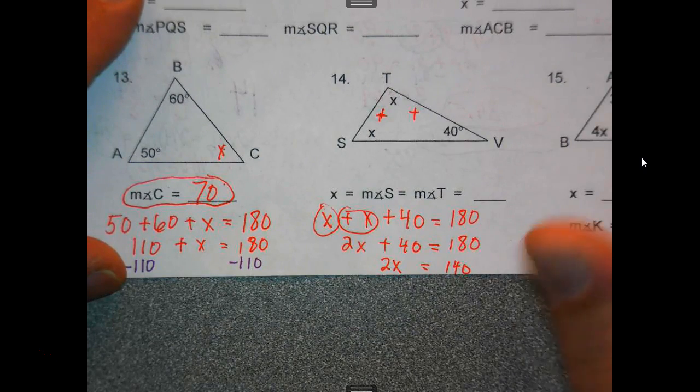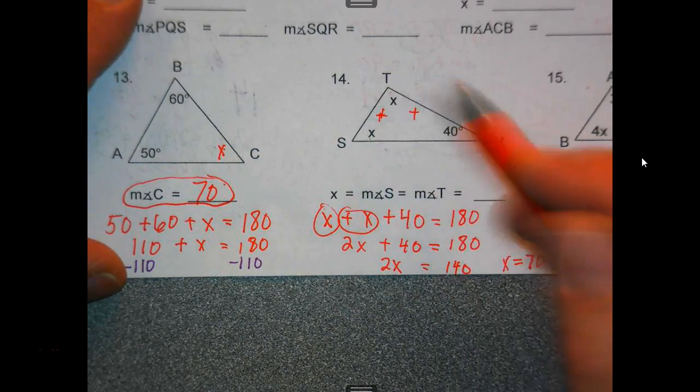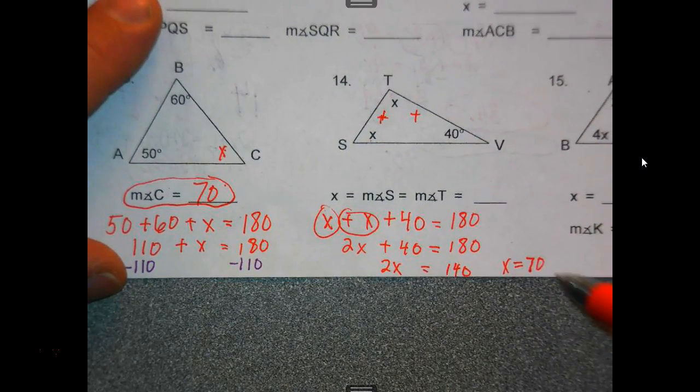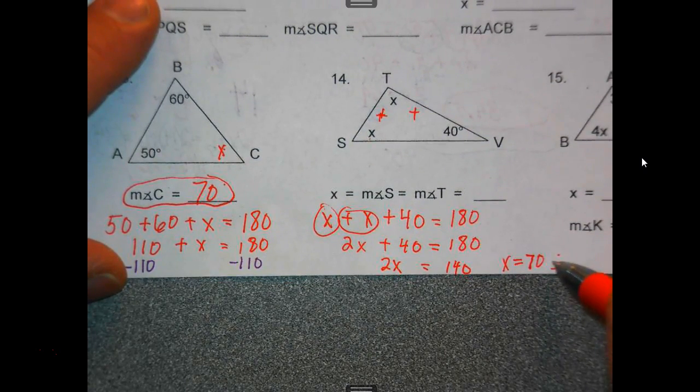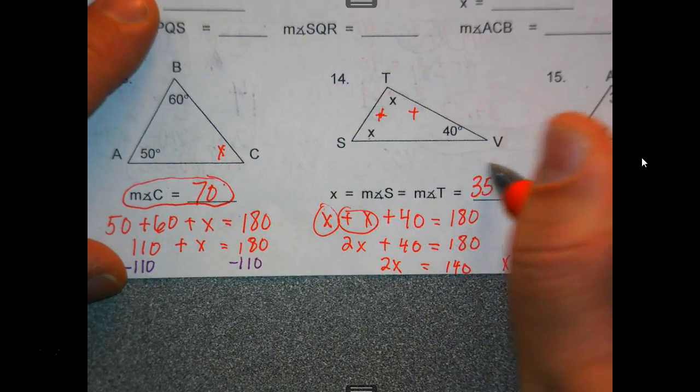So x equals 70. No, it's not x squared. x squared is x times x. Okay, so we have 2 of them, so we're going to take 70 and divide it by 2. So each angle is going to be 35 degrees.